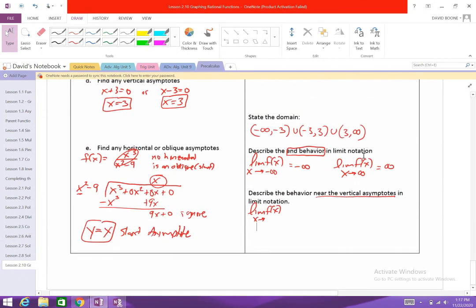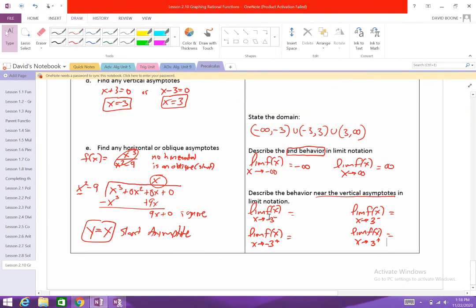So we've got the limit as x approaches -3 from the left side, and then the limit of f of x as x approaches -3 from the right side. And then I'll also have the limit of this function as x approaches +3 from the left, and the limit of this function as x approaches +3 from the right. Okay, so 4 different limits to evaluate here.